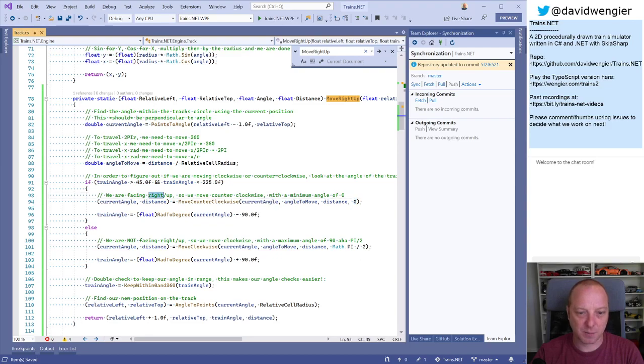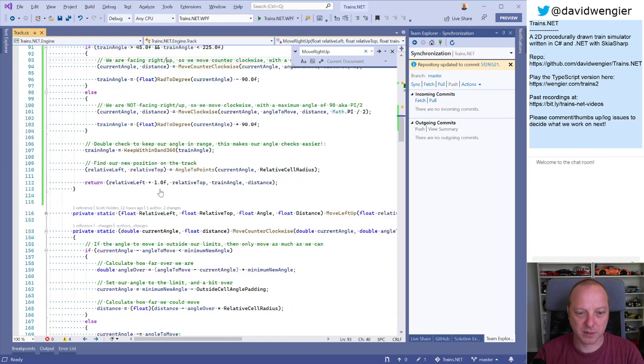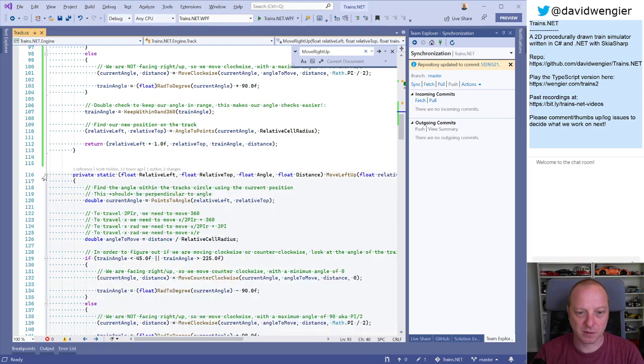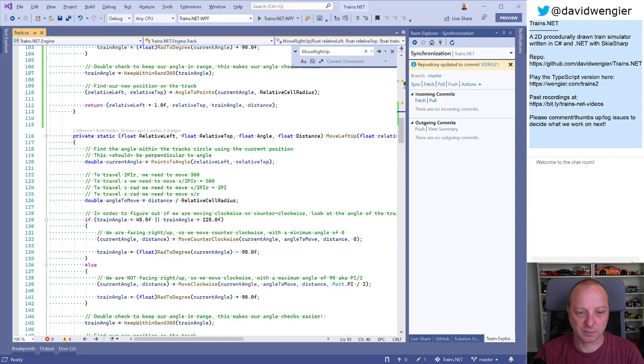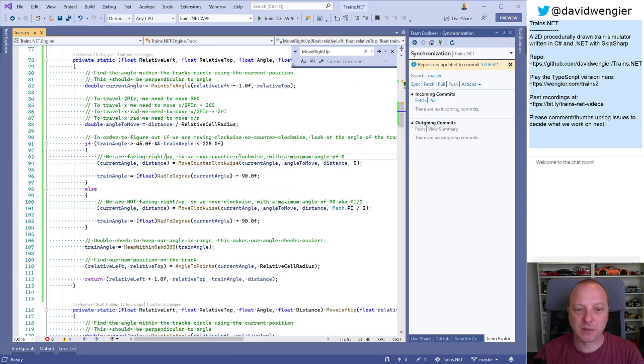So we're facing right up. Well, that's not true. We're facing right. Oh. We are. Wait. Does that mean these comments are wrong? Relative left? Oh, maybe not. No, the track is right up. So this way we're facing left and up.